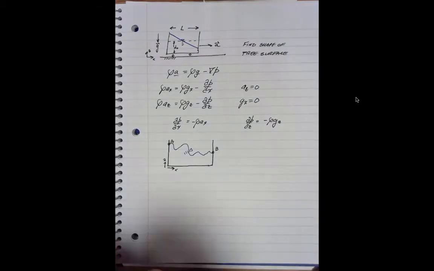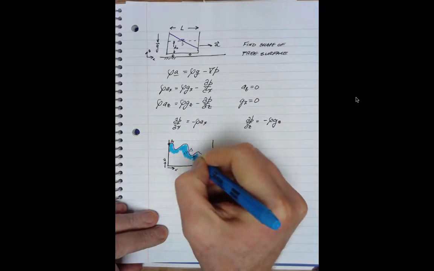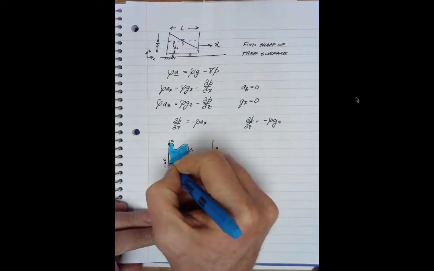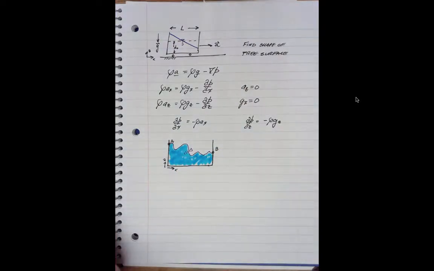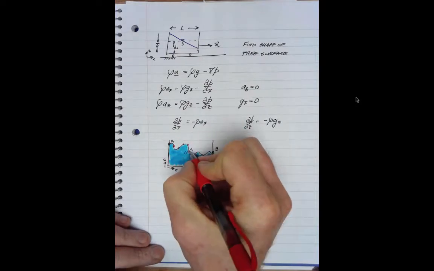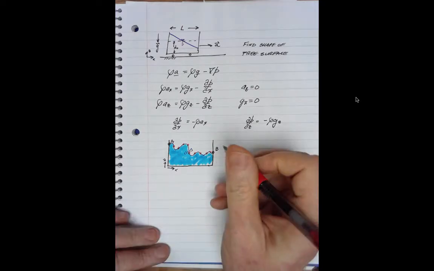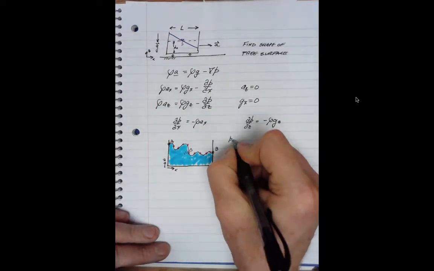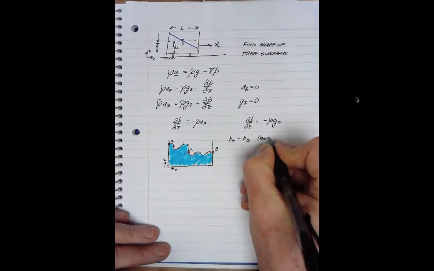This free surface is an air-water interface, at least as we're doing this in land of air. So what we know is that anywhere on this free surface, the pressure is 0 gauge. Has to be. More importantly, that means that the pressure at A equals the pressure at B because they're both on the free surface.